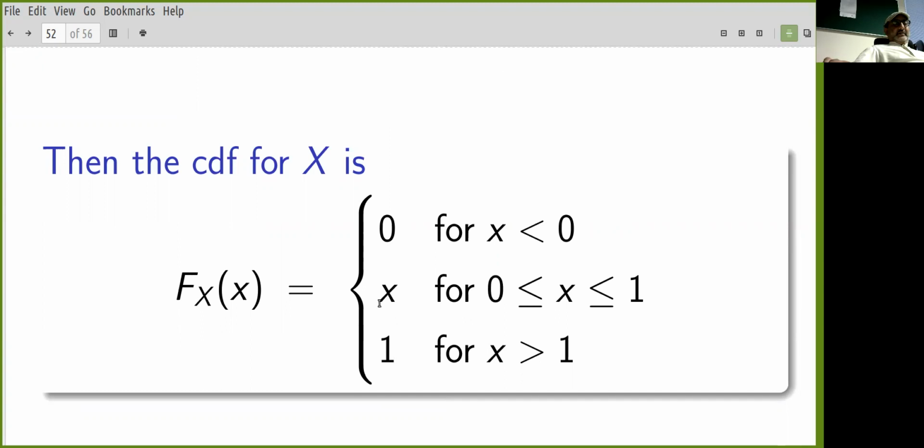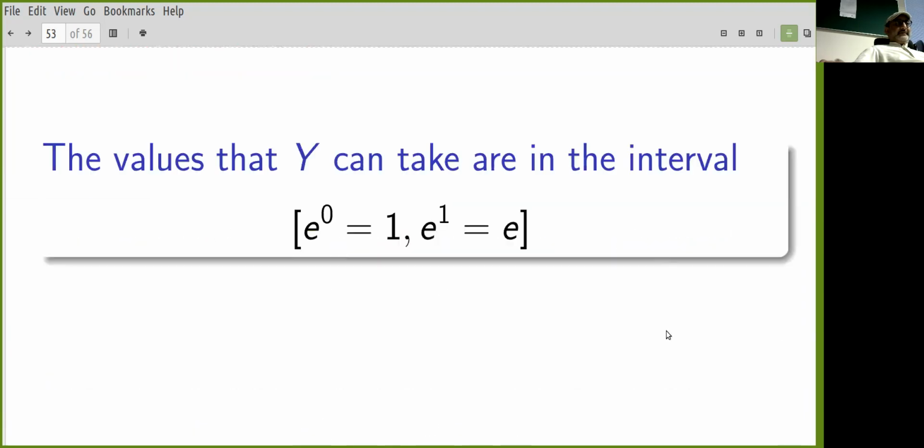This is log of y for 0 less than or equal to log of y less than or equal to 1. And it's 1 for log of y bigger than 1, which is, what's that in terms of y? Think about that for a second.